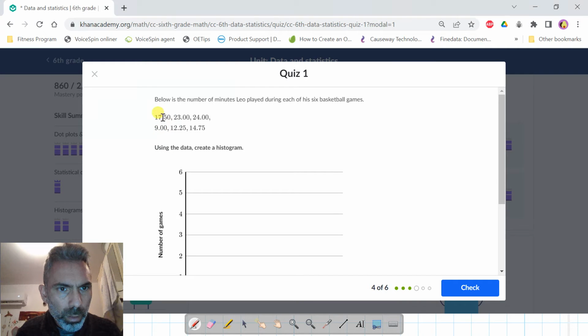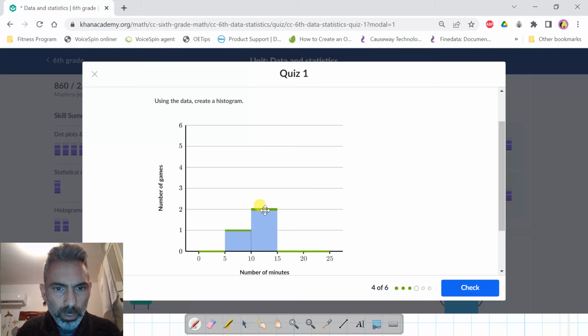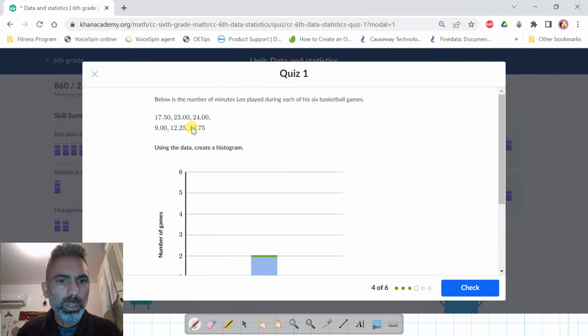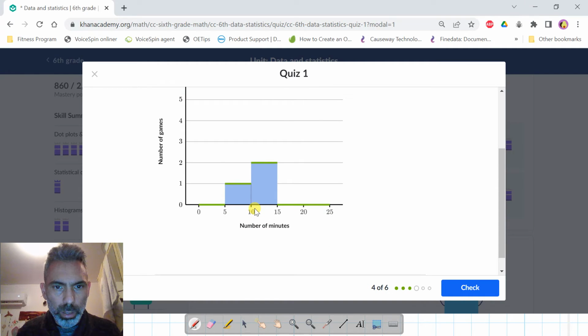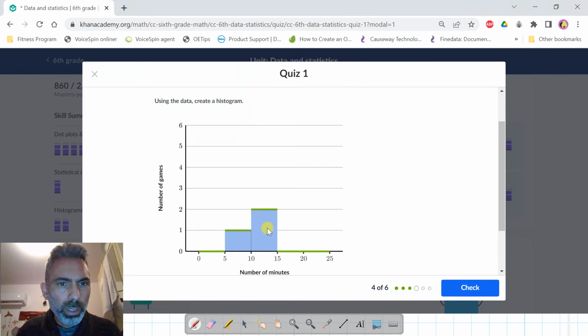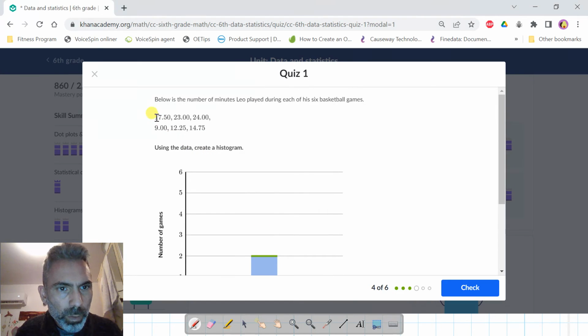Between 10 and 15 minutes, 12.25 and 14.75 fall in this bucket. So two matches he played between 10 and 15 minutes. Between 15 and 20, this falls between 15 and 20, and that's it.